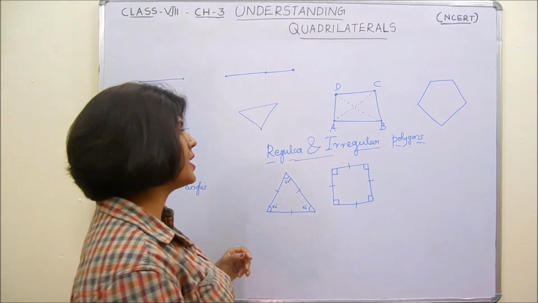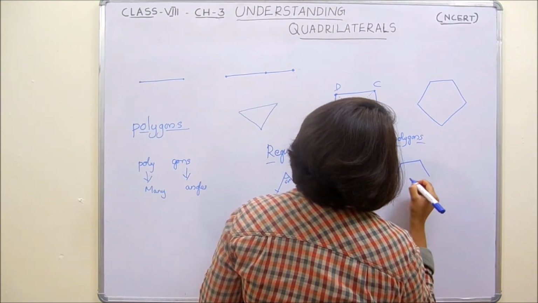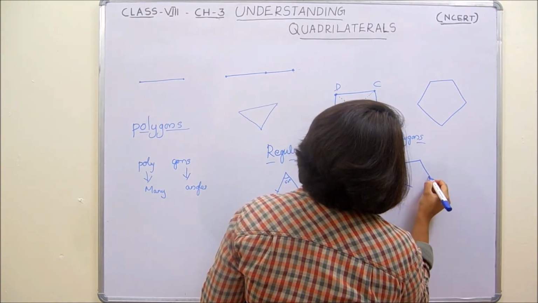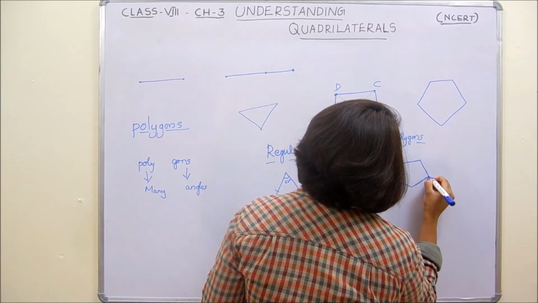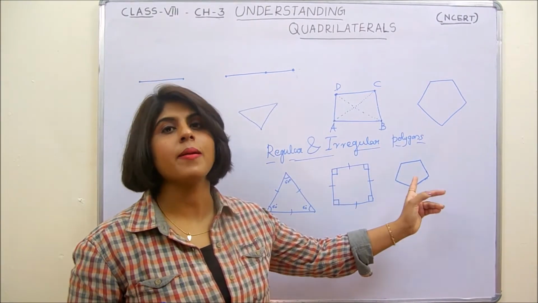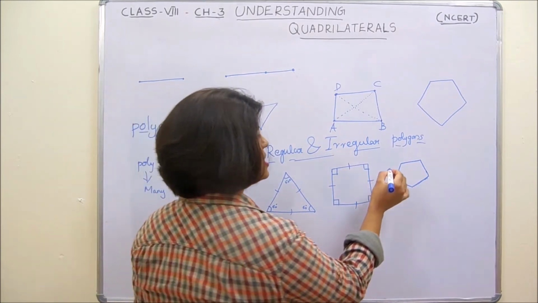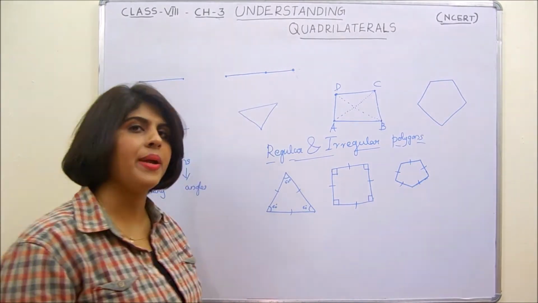And if we are considering a pentagon with all of its sides equal, then this is again a regular pentagon, right? If all of its sides are equal, then we can say that this is a regular pentagon.